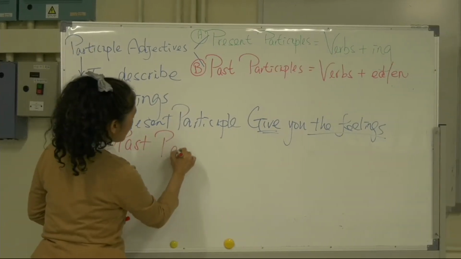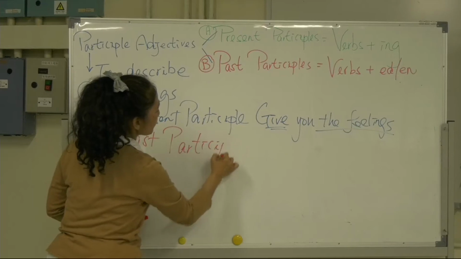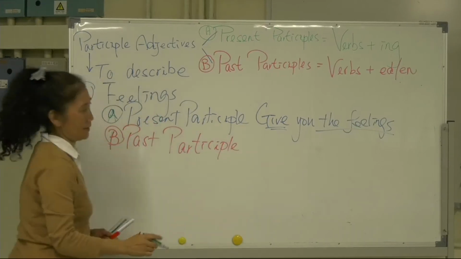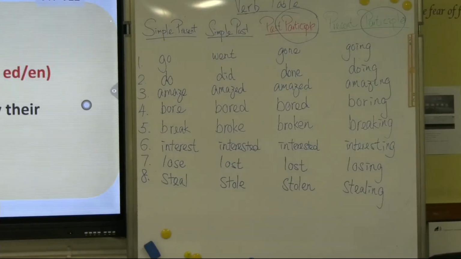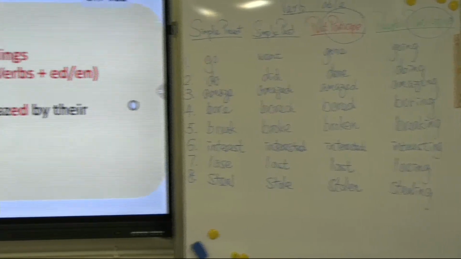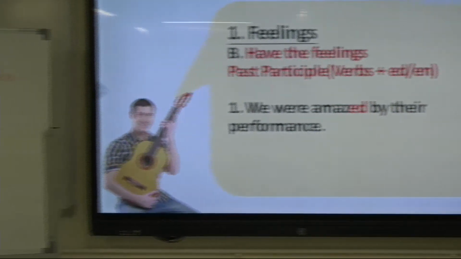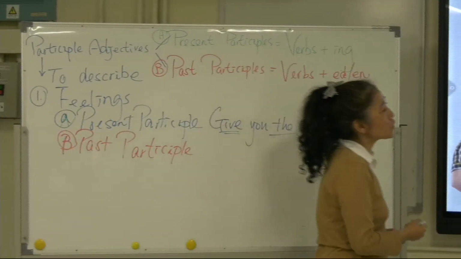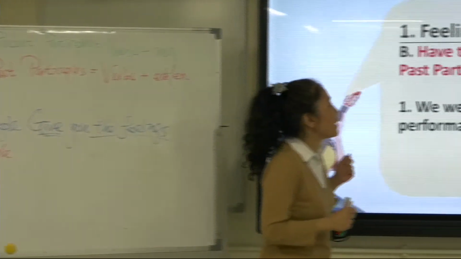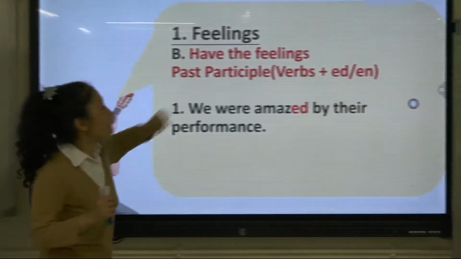Can you tell me how past participle looks like? Okay. Past participle. Maybe regular form ed, irregular sometimes en. All right. Now, so past participle. When we use past participle, that is to show the feeling. You have the feelings.